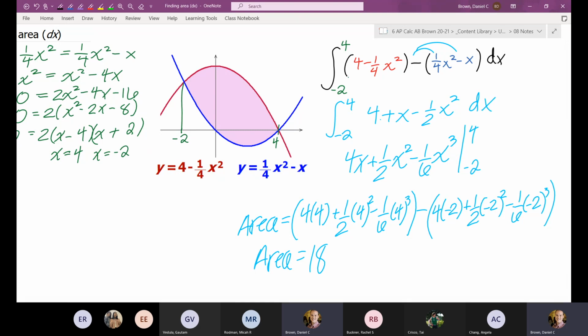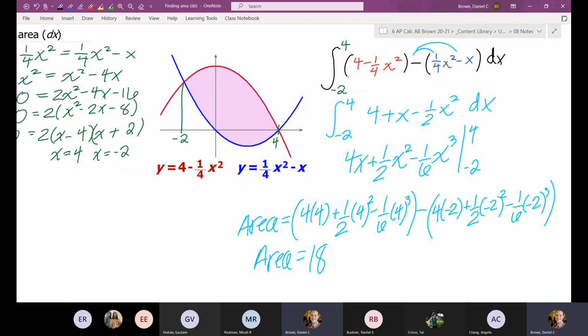And again, I do want you to imagine what we found. The actual area of that purple region is 18. I sometimes find students are astonished, or not what is expected. You're used to seeing the area of a rectangle be a nice pretty number like 18. You're used to things with curves in them, like a circle, pi r squared, not being a nice number because of that pi.